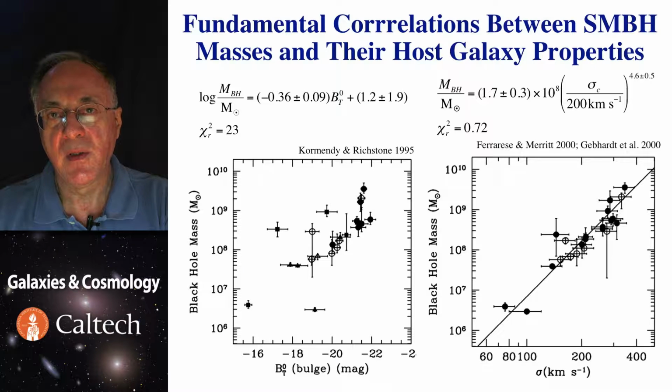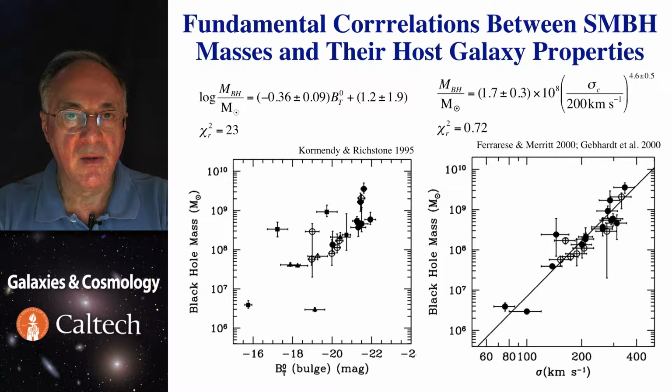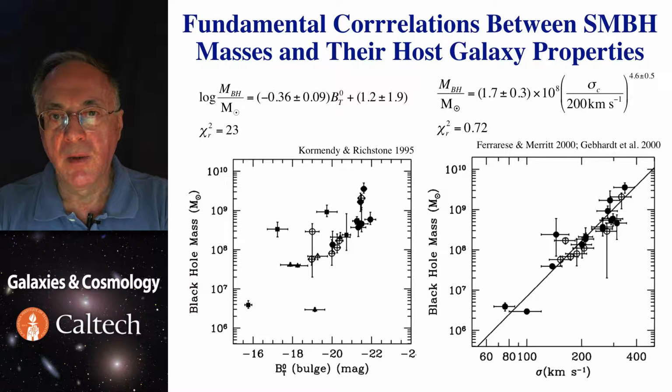The first one was that the mass of the black hole is proportional to the total stellar mass of the host galaxy, amounting to something like 0.1%. That alone suggests that there is some sort of common formative mechanism.